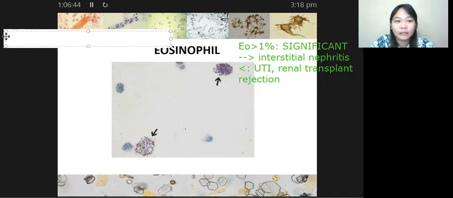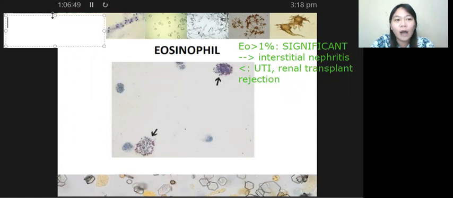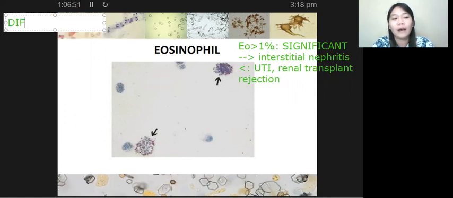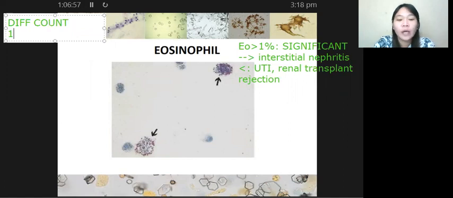Bali, banggitin ko na lang din dito kasi nabanggit ko na lang din. So how do we perform differential count of your urine sample? In your urine, the number of WBCs is counted.